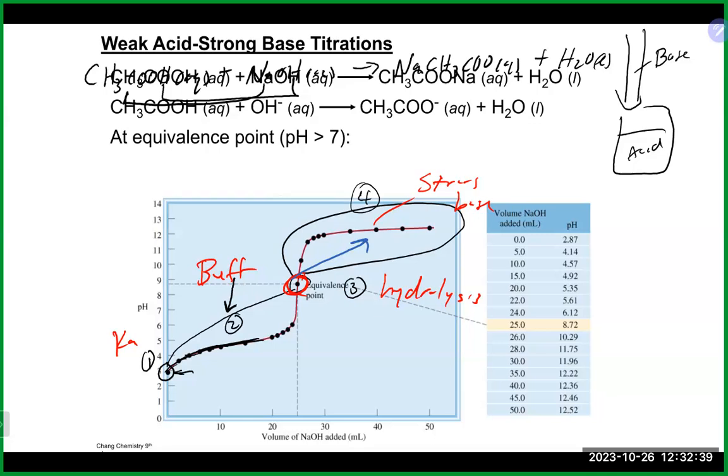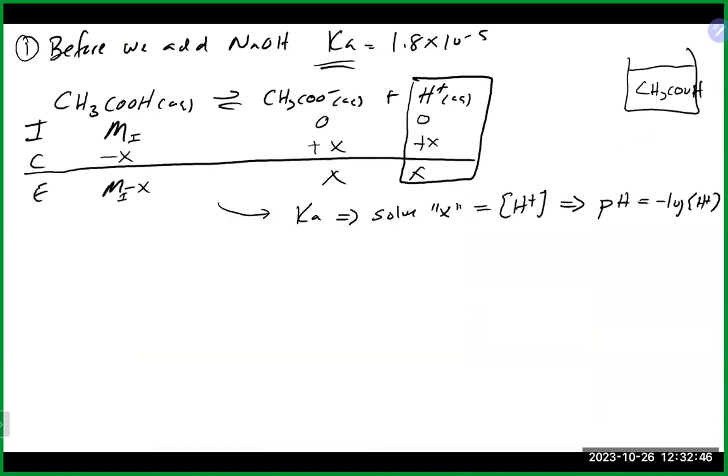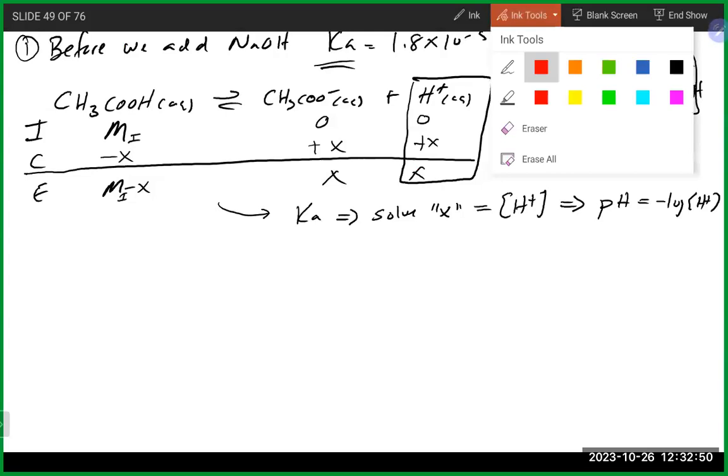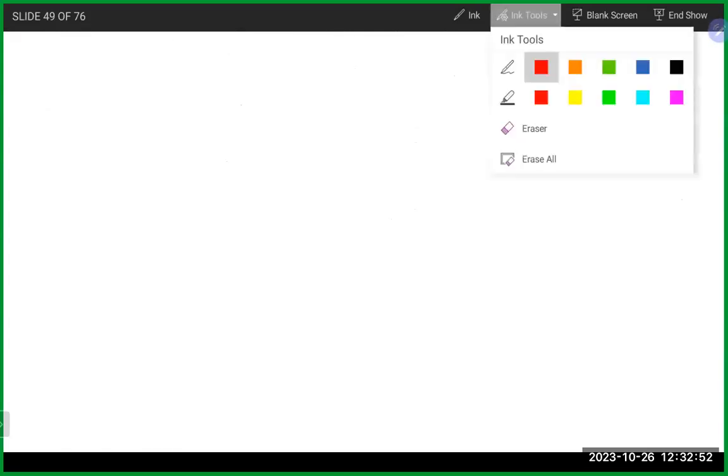Well, let's do one, shall we? Why not? Now let's have some fun here. Let's say we did a titration of 25 milliliters of 0.1 molar acetic acid.